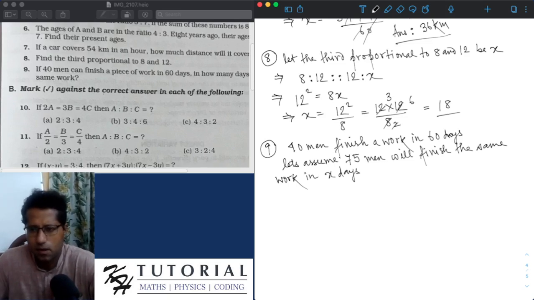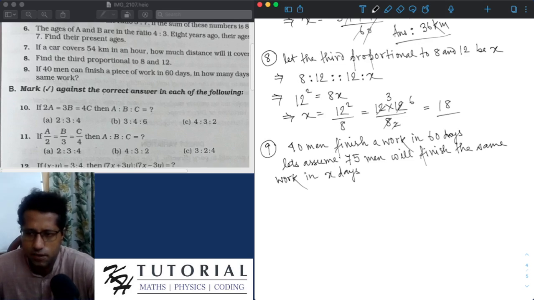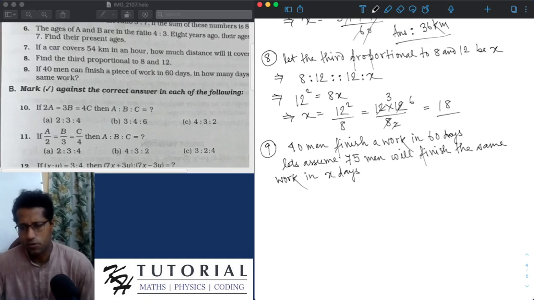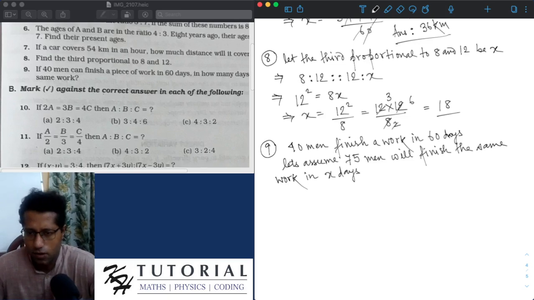Now, since the rate, when it says that 40 men finish a work in 60 days, it is giving the fact of how many days it takes for one man to finish, which is 60 by 40. That ratio it is giving. So that ratio will always be the same.